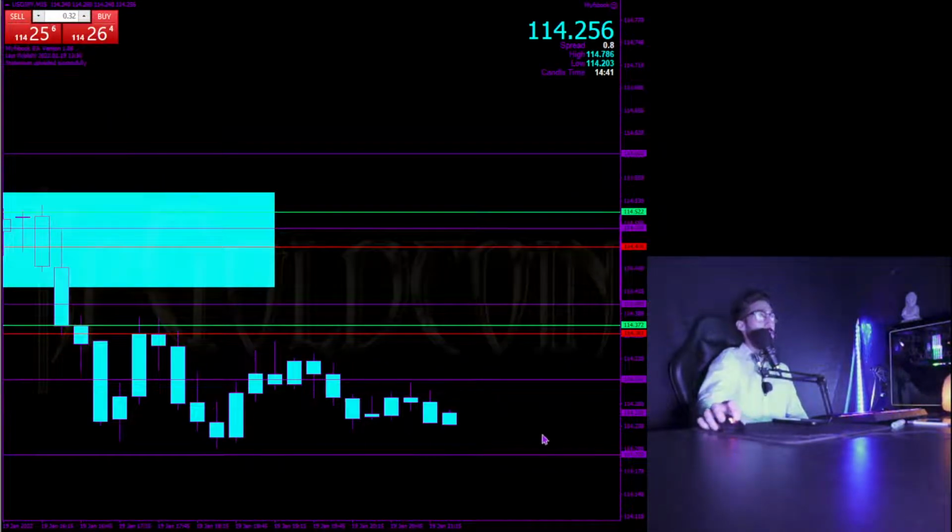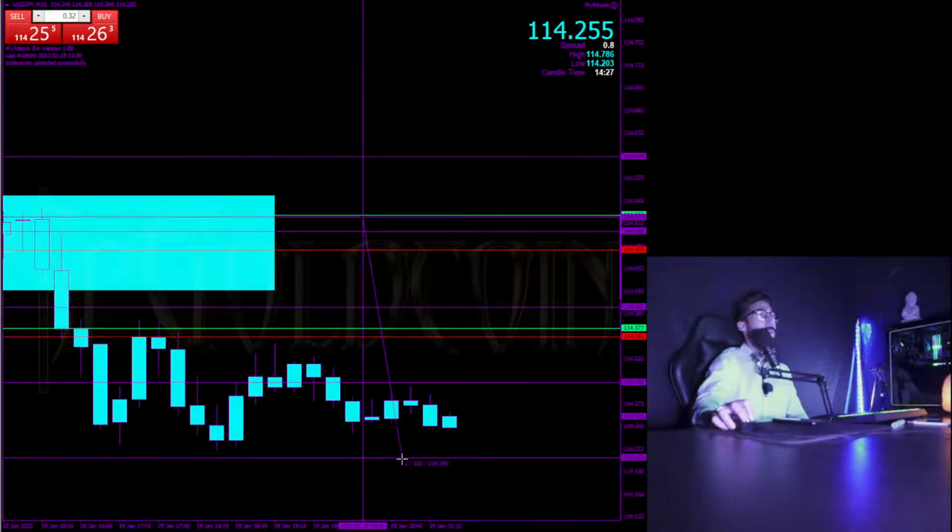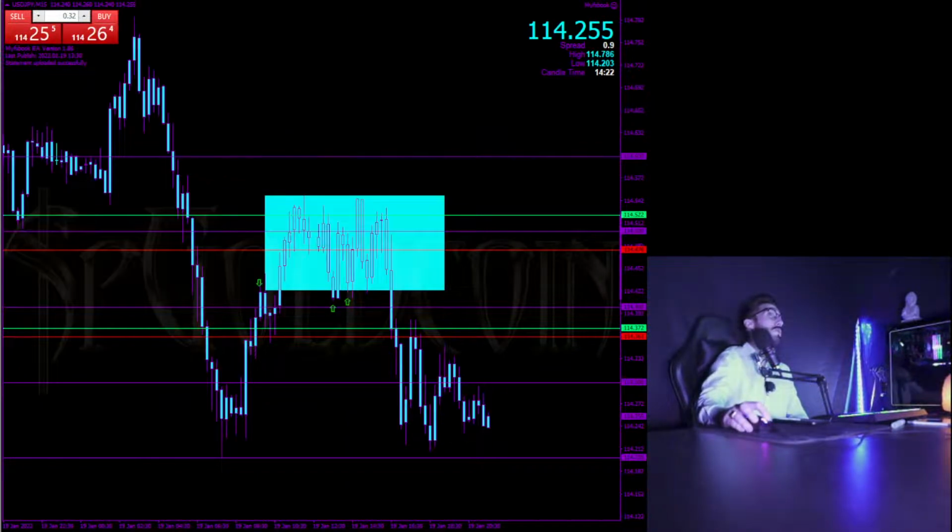And as you can see, it kind of trickled down. We're still below 114.3, and it's just consolidating between 114.3 and 0.2. So out of the whole day, we're up in percentage, but the market is down.